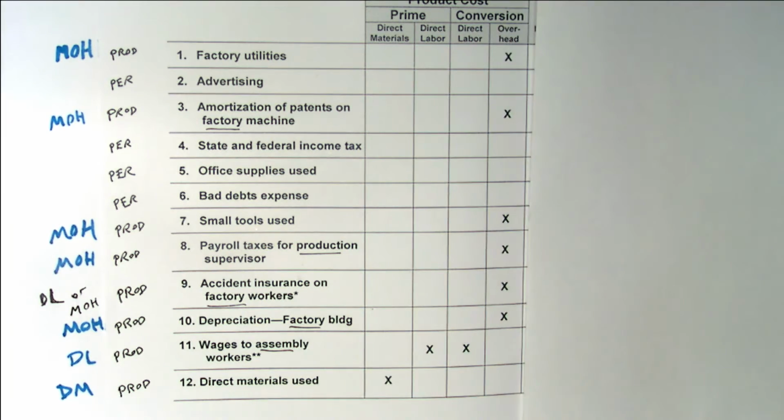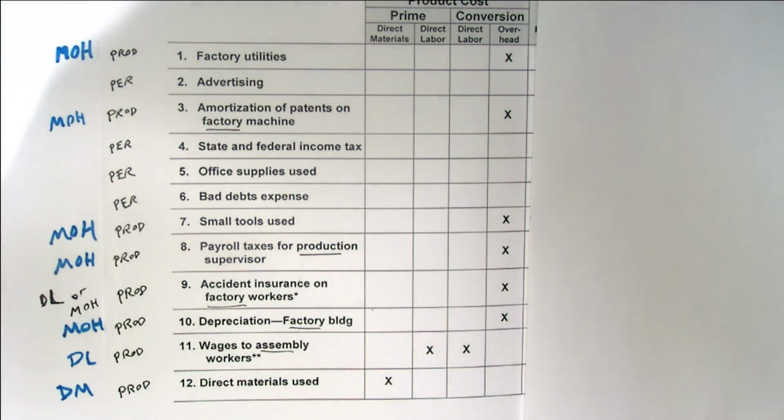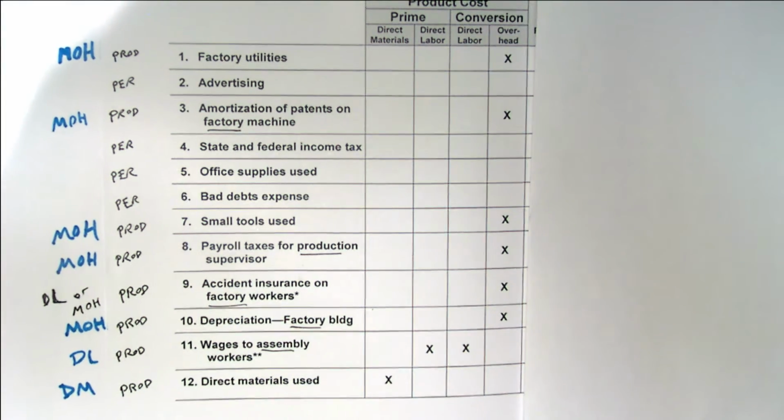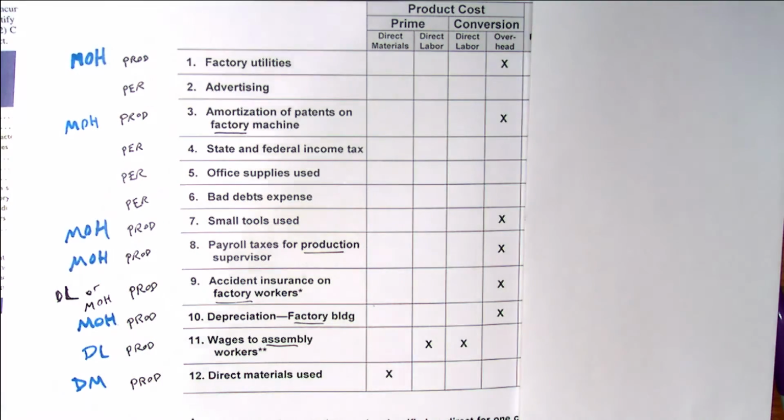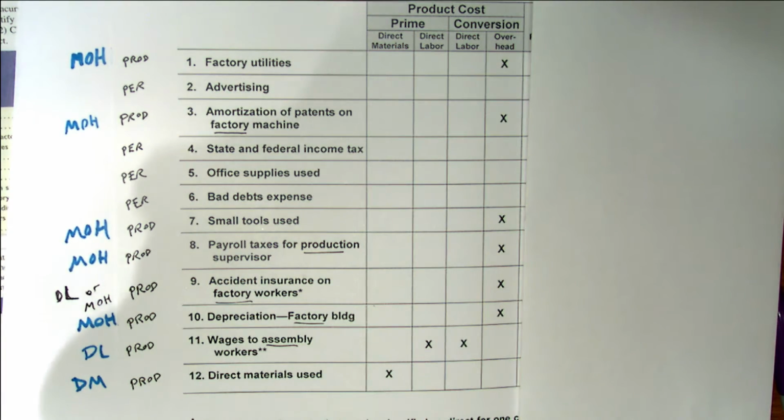Now, Luke asked a good question last time as far as, wouldn't a company either categorize with prime and manufacturing overhead or with direct materials and conversion?